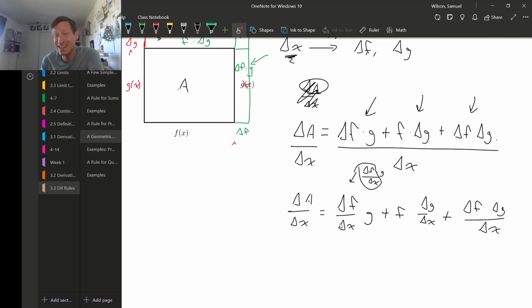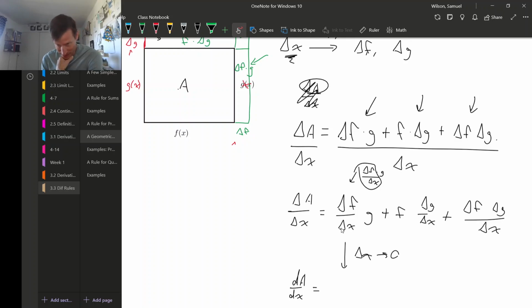Now our idea is that if we take a limit as delta x goes to 0, then on the left-hand side, this should turn into just a derivative, dA/dx. And then on the right-hand side, these ratios with deltas should turn into derivatives as well.